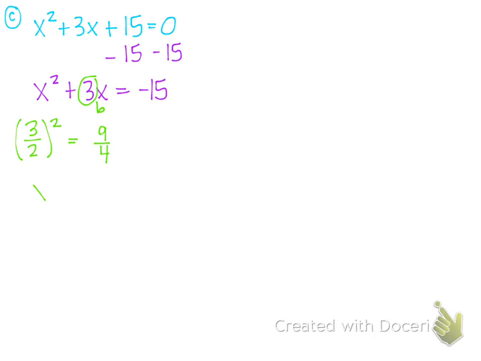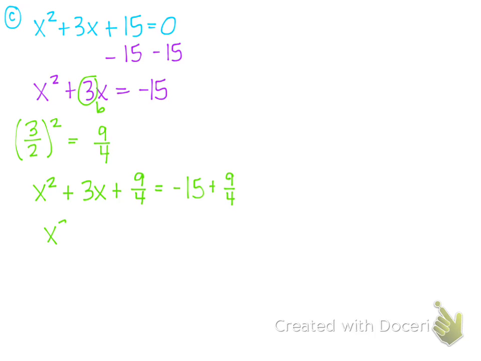So x squared plus 3x plus 9/4 is equal to negative 15 plus 9/4. Alright, so let's go ahead and clean up the right-hand side.